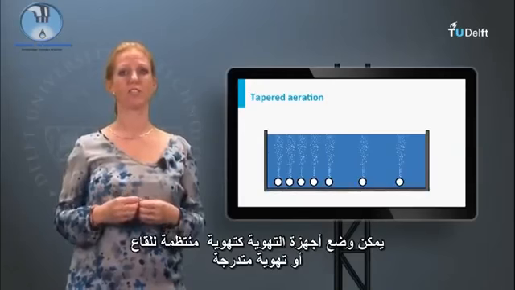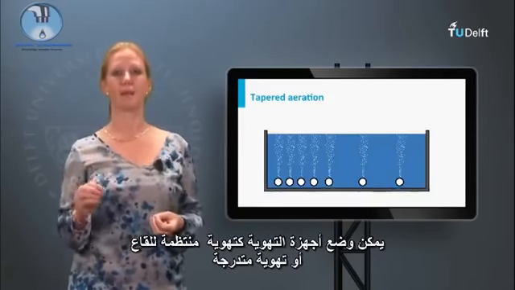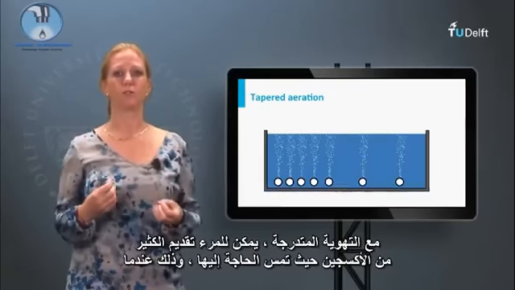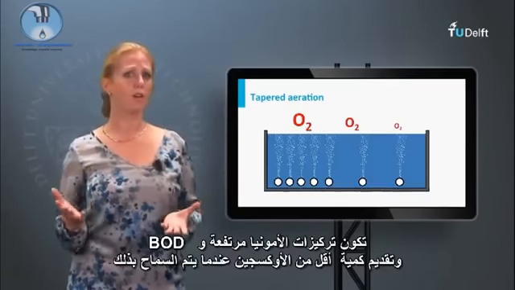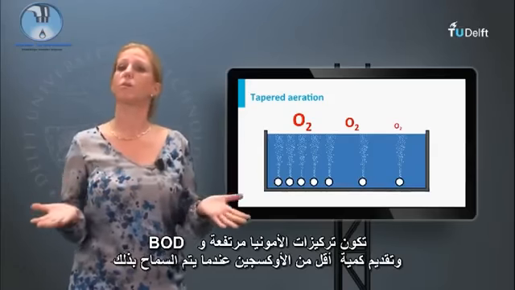Aerators can be positioned as uniform bottom aeration or as tapered aeration. With tapered aeration, one introduces lots of oxygen when it is needed, so when the BOD and ammonium concentrations are high, and less oxygen when it is allowed.